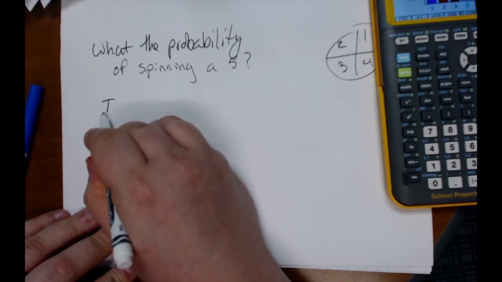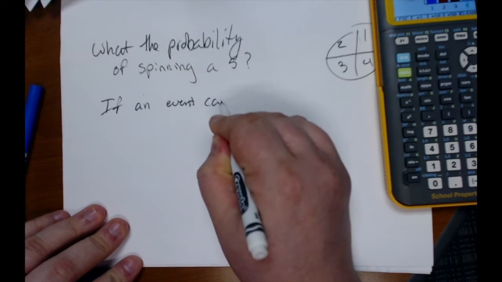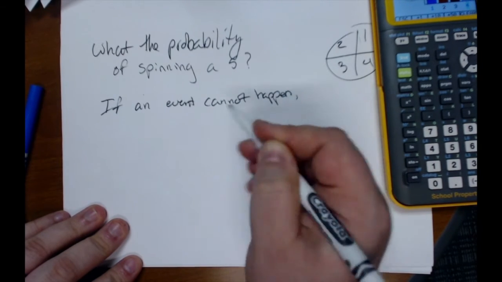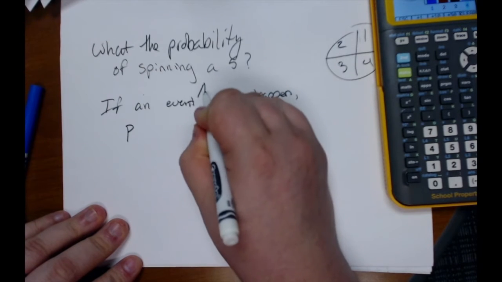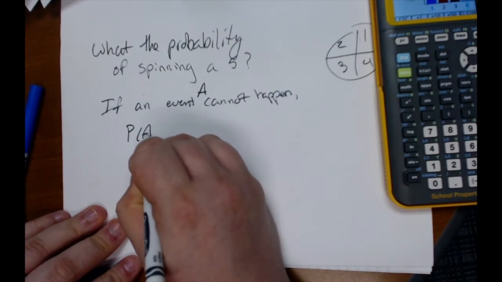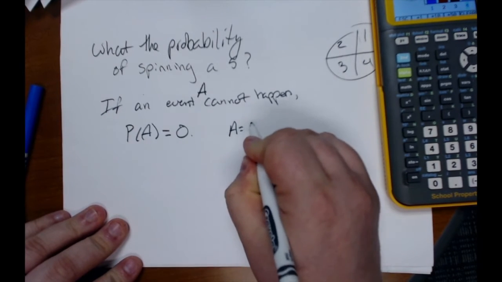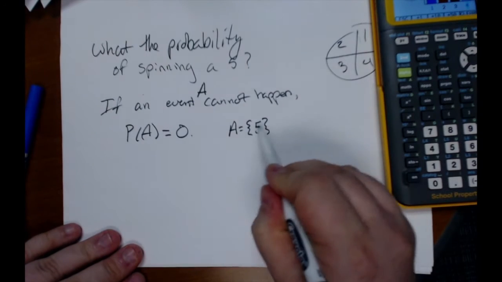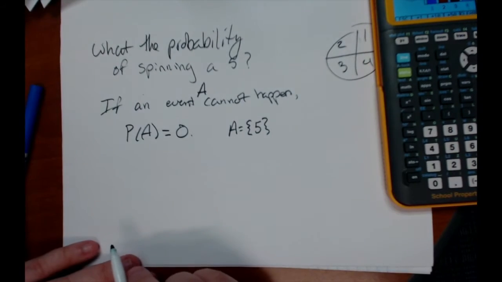So if an event, we'll call it A, cannot happen, the probability of that event is 0. Here A is landing on a 5. The probability of A, the probability of spinning a 5, is 0.